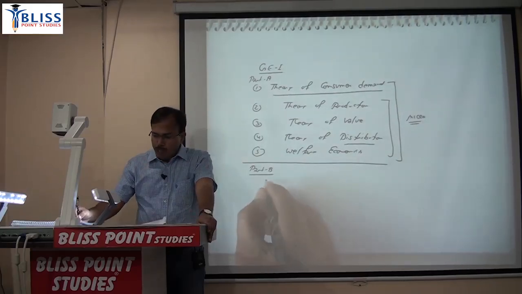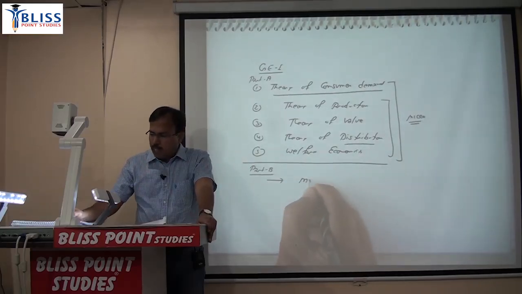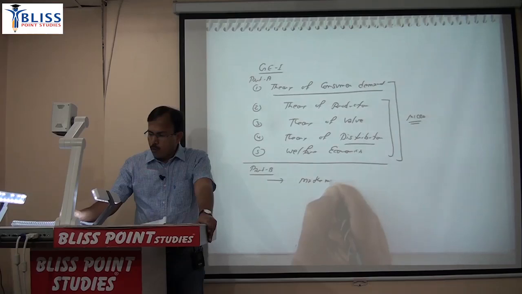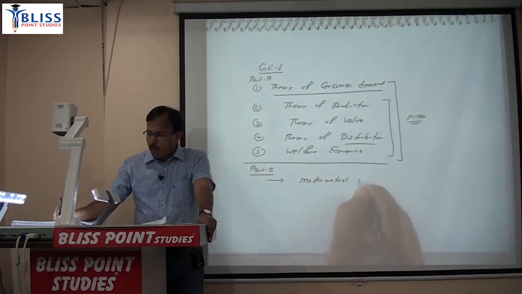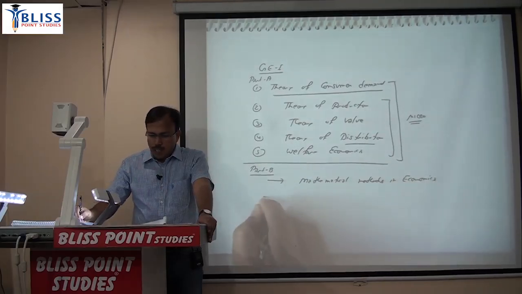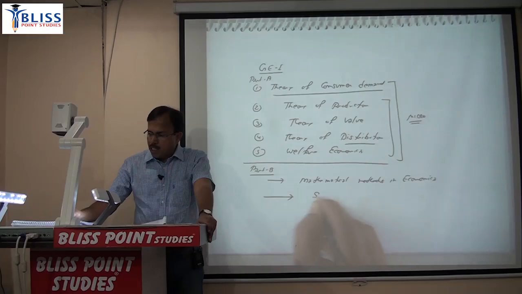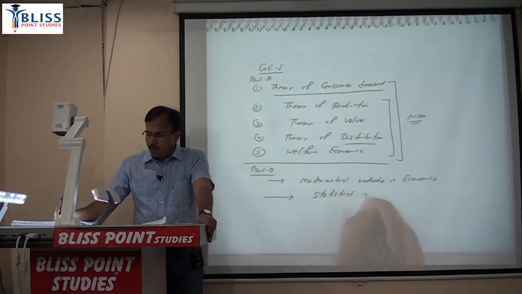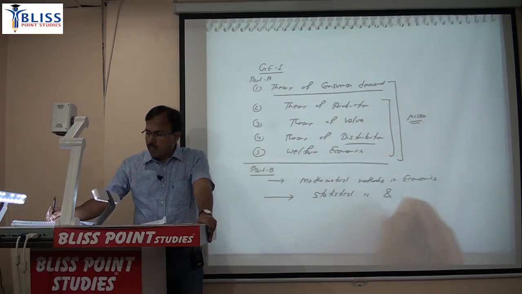This part B is basically mathematical methods in economics, and second is statistical methods and econometric models.